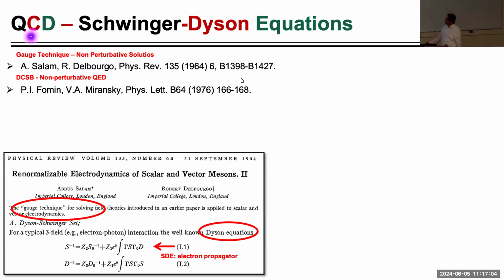What they found, studying the Schwinger-Dyson equations and techniques for solving the propagator equation, is that when the coupling in quantum electrodynamics reaches the order of 1, where you expect some non-perturbative features to set in, a new solution emerges, and that solution bifurcates away from the perturbative solution. Even if you have an electron with initially zero mass, you'll see that the electron generates a mass if the coupling is large enough, of the order where you expect non-perturbative things to set in. So that was an interesting observation.